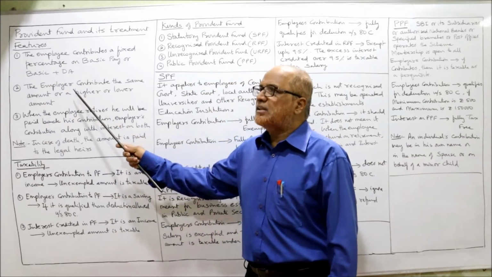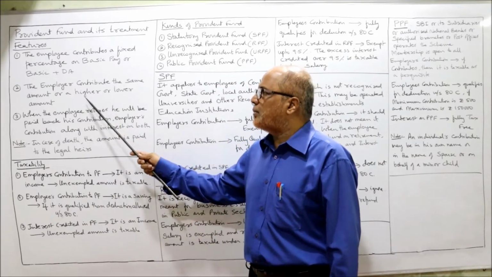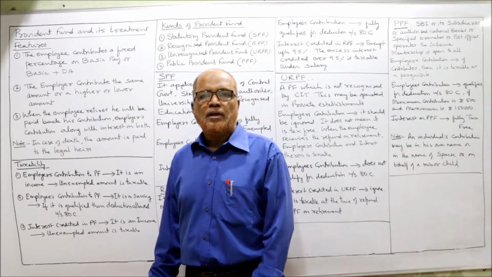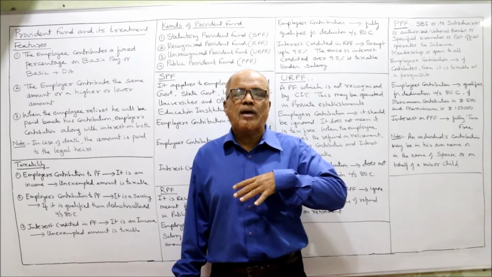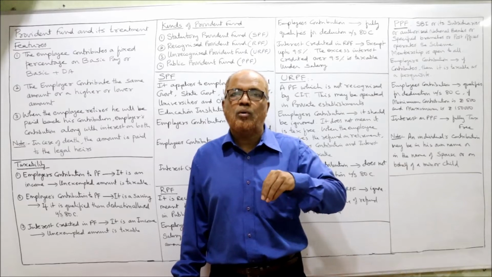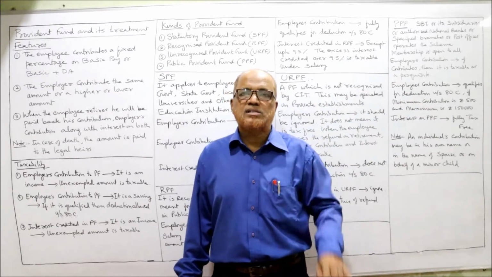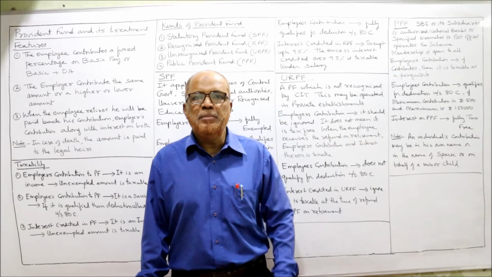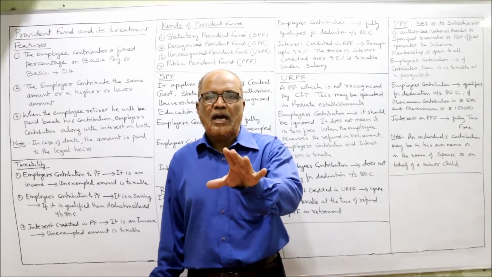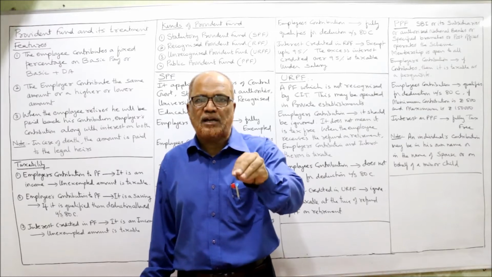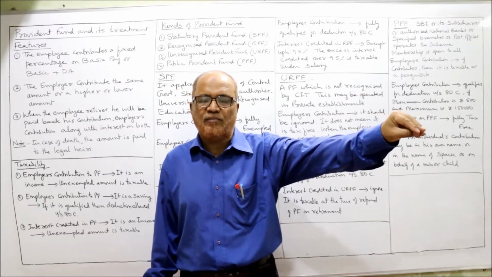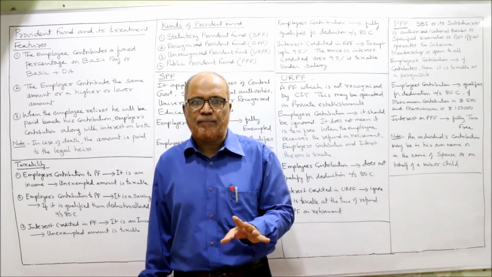Second, the employer contributes the same amount, or a higher or lower amount. According to the scheme, the second feature is that the employer must also contribute from his pocket into the scheme of the employee. Mr. X is the employee. Every month his salary is 20,000. Out of 20,000, 1,000 rupees are deducted and deposited in the Provident Fund scheme, and 19,000 will be paid.